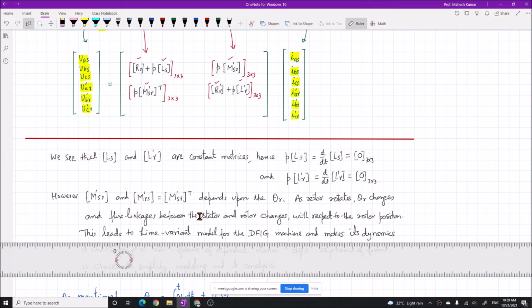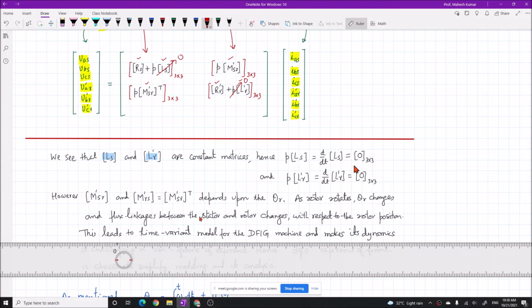Now you see here that the matrices Ls and L_R' are basically constant. Therefore, the rate of change of Ls and L_R' will be 0. So PLs, meaning d/dt of Ls, equals 0, as it won't change with time.